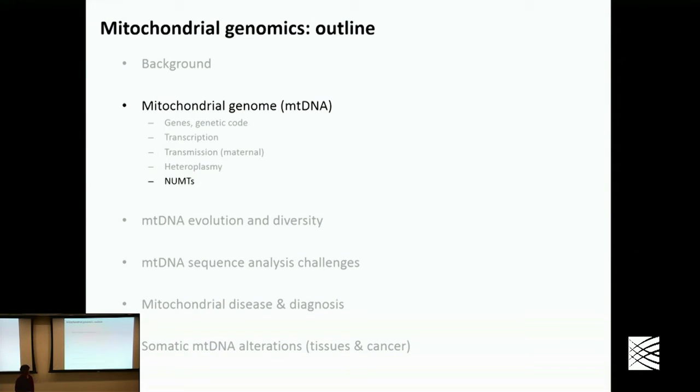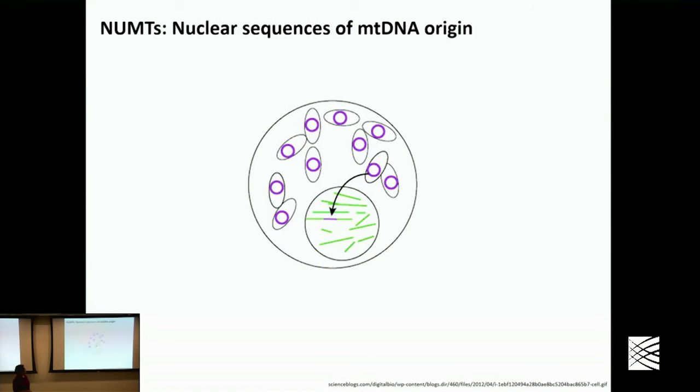Another slightly side point, but again practically important, is the concept of nuclear sequences of mitochondrial origin, called NUMTs. What happens in evolution, here in stylized mitochondria with their purple circular genomes, is that those genomes can get integrated into the nuclear DNA. And this is happening all the time, both across evolutionary history and just within the population.